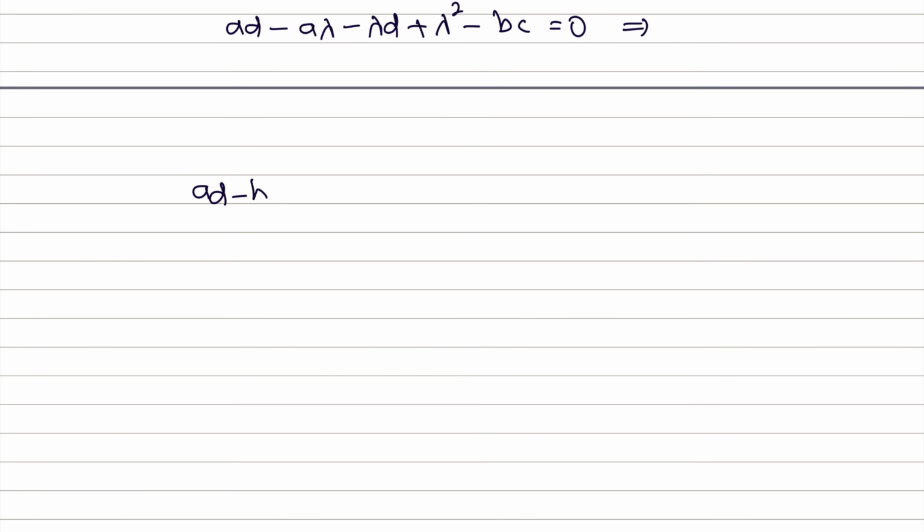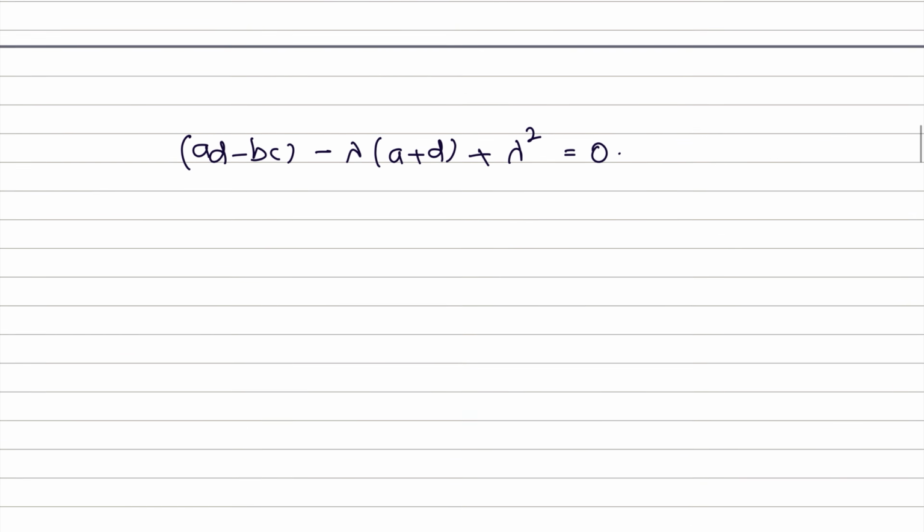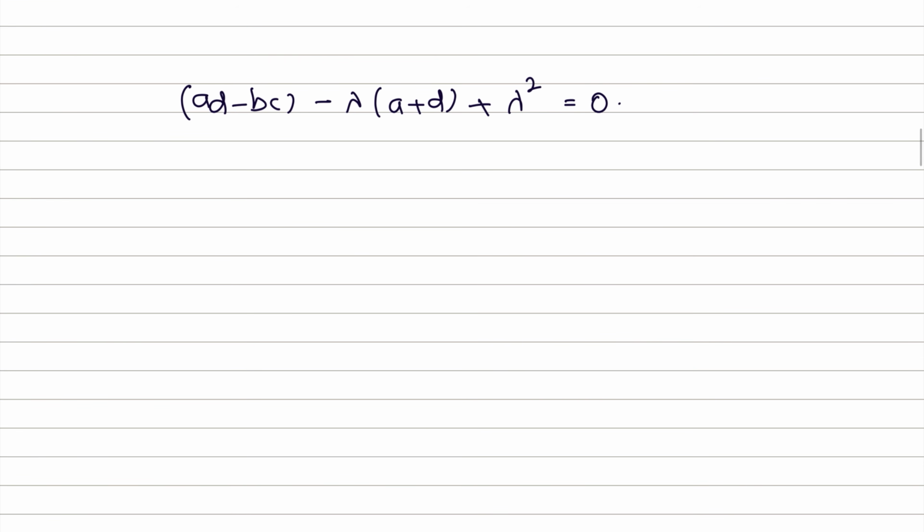AD minus BC, the constant values, are taken on one side, minus lambda into (A plus D) plus lambda square is equal to 0. This is the characteristic equation.